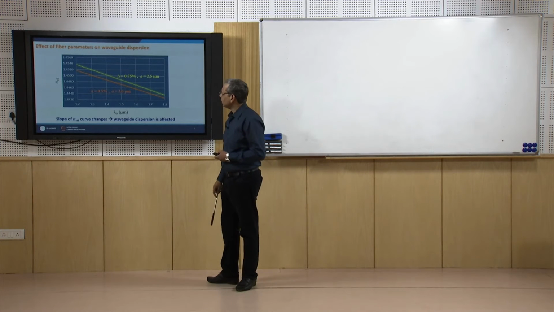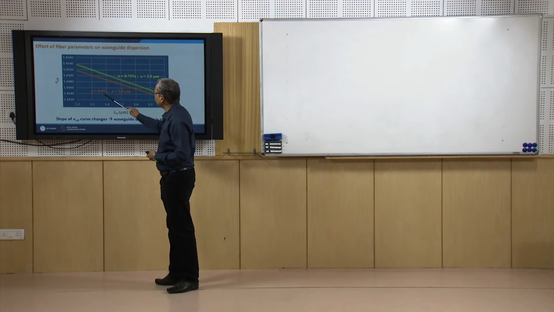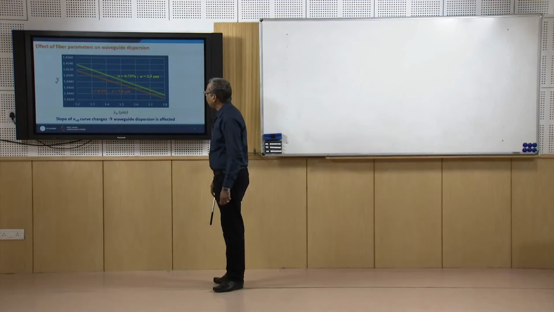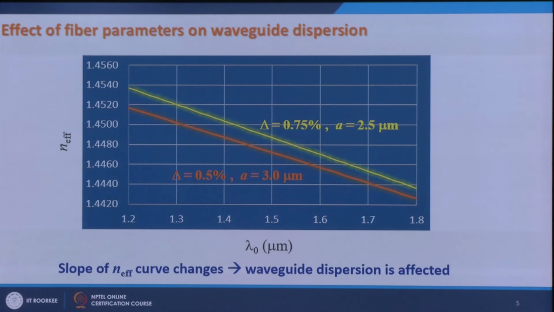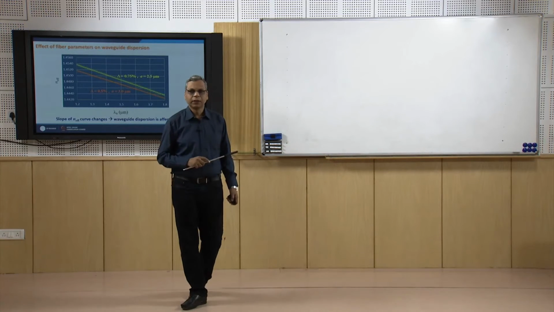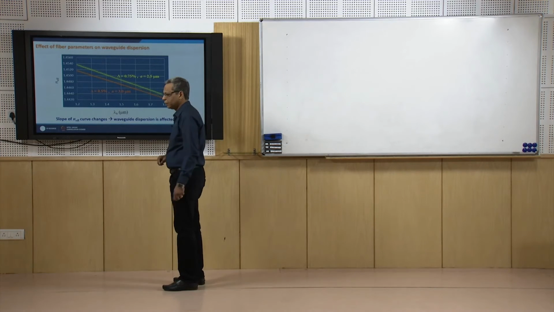If I change the parameters of the fiber, make delta from 0.5% to 0.75% and bring down A from 3 to 2.5 in order to keep the V value almost at the same level, to keep the fiber always single moded. If I am increasing delta, I will have to bring down the value of A.